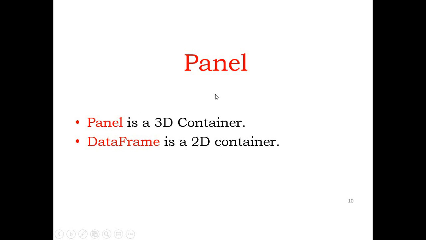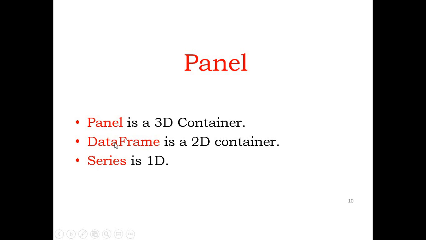2D container means it is 2-dimensional, and so when you convert this data frame into a NumPy array, it is a 2-dimensional array. So it has 2 axes, while panel has 3 axes. That means a 2D container, or a 2-dimensional sheet or plane, can be contained in a 3D container. So a data frame can be contained in a panel. And a series has only 1 axis, so it is 1D.